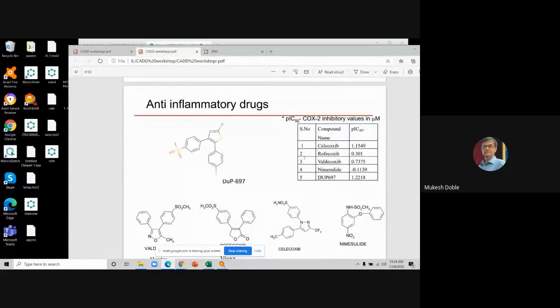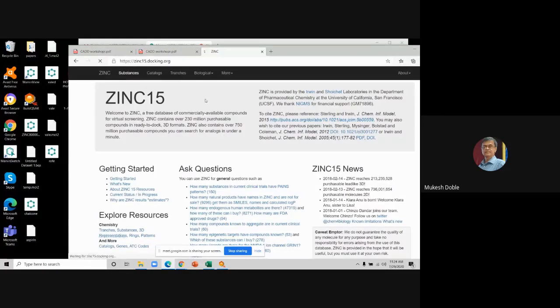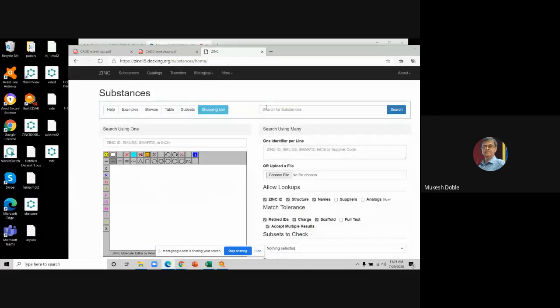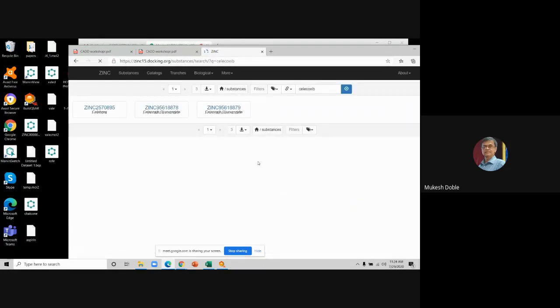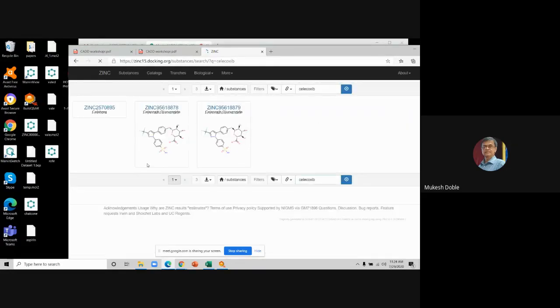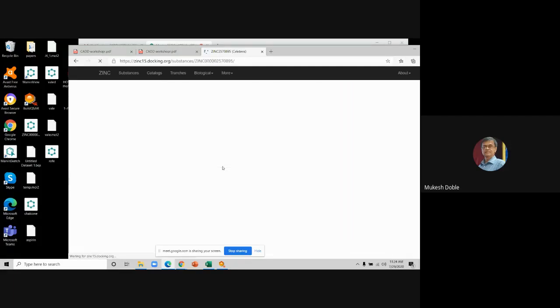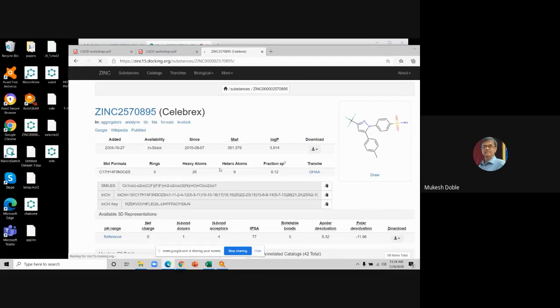Celecoxib, for example. And this is the structure of celecoxib. This is a selective COX-2 inhibitor, which is currently in the market. So I can copy this SMILES notation and go to ChemDes.